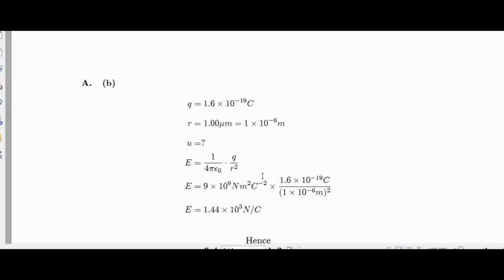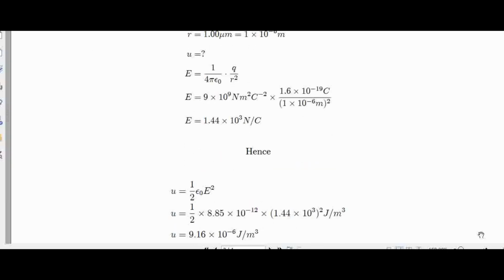We do the same as part A, only putting the value 10⁻⁶ for micro. So we will get u is equal to 1 over 2 epsilon0 E square. Now E is changed, so only the power will change and the numbers are the same. When we simplify it, it comes out to be 9.16 × 10⁻⁶ joule per meter cube. So that is the energy density at a distance of 1 micrometer.